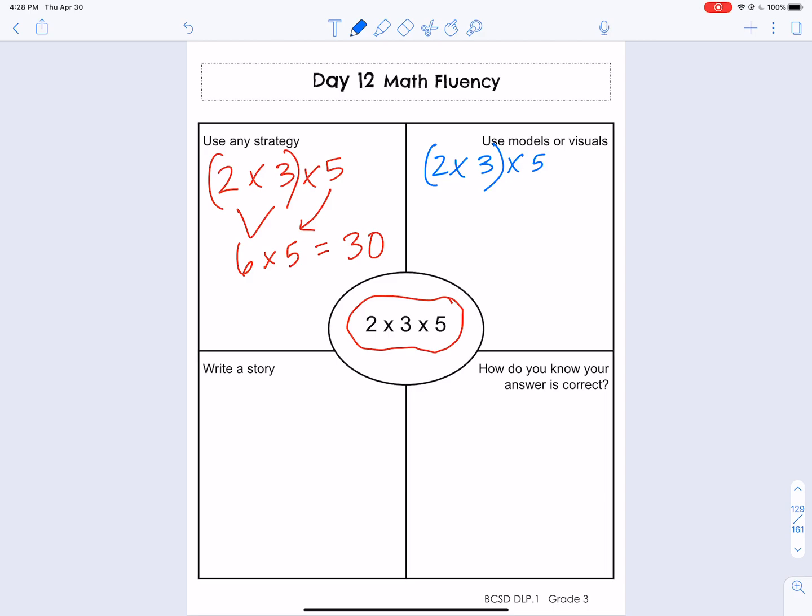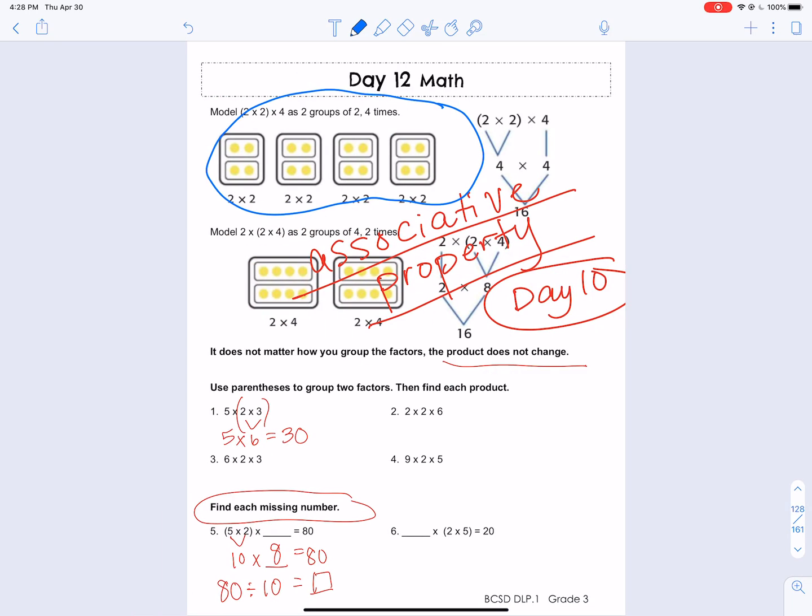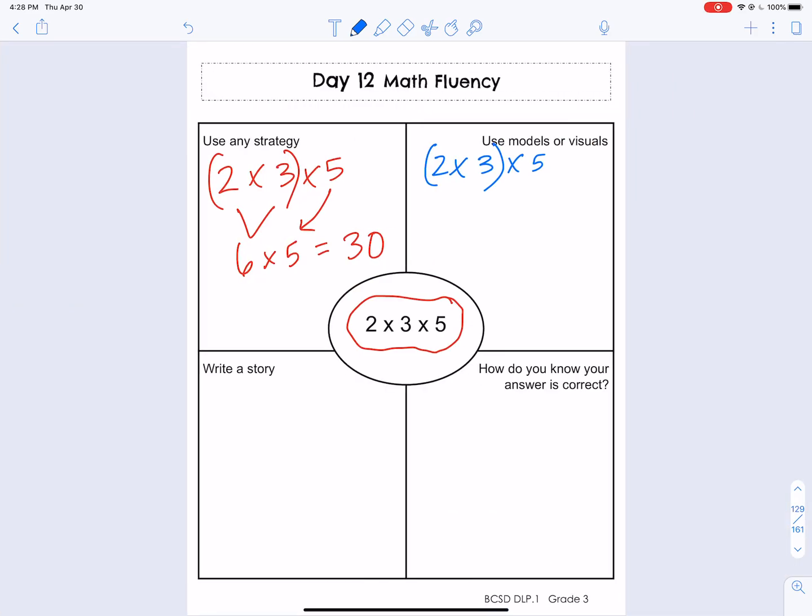Okay, so 2 times 3, just like they have here for 2 times 2, I'm gonna make an array. There's my group of 2 times 3. Now I'm going to make 5 of those groups of 2 times 3.